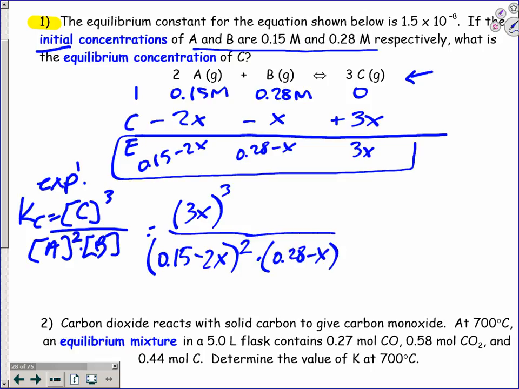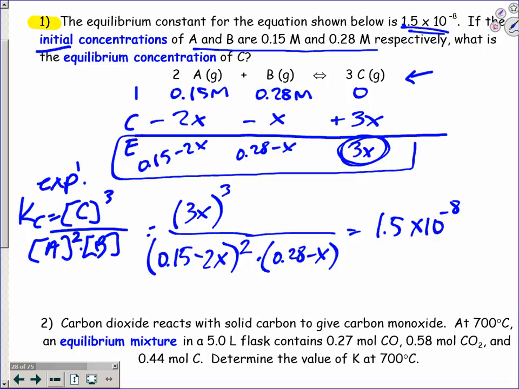Ooh, doggies, right? This is equivalent to the K value given, 1.5 times 10 to the negative 8. I want to solve for x because once I know x, I can multiply it by 3 and solve for the final concentration of C at equilibrium. How would you solve for x?